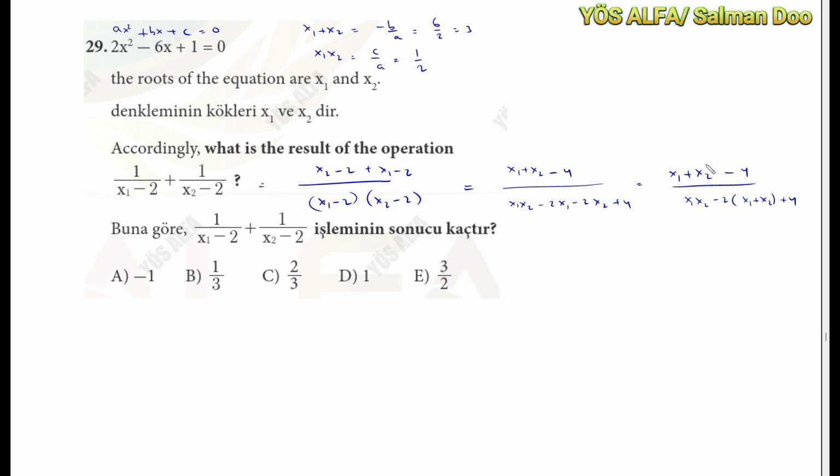So x1 plus x2 is 3, and x1 x2 is half, and this is also 3. So when we simplify this equation, we have half minus 6 plus 4 is minus 2. From here, we have minus 1 over 1 minus 4 over 2. So the result is going to be 2 over 3. The answer is C.